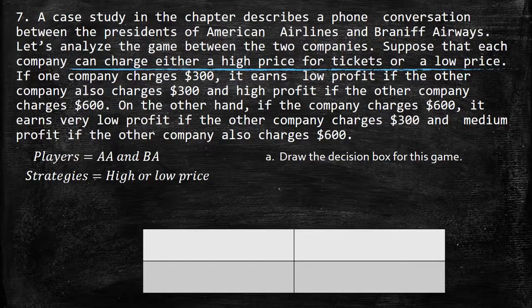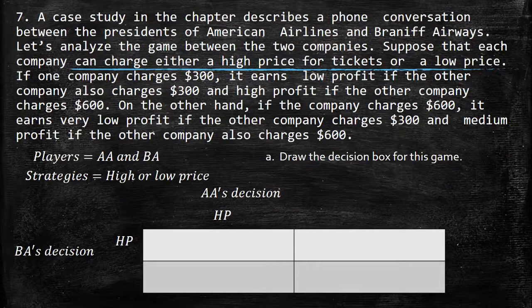Then we have a payoff matrix, 2 times 2. On the upside we have the AA's decision, and we have the other one, the BA's decision. So both have high price, the other president, and then low price and low price.